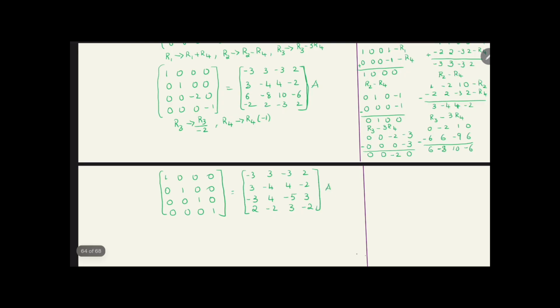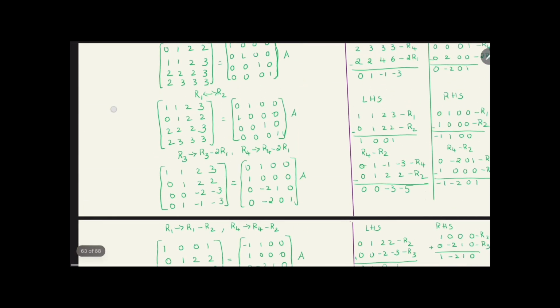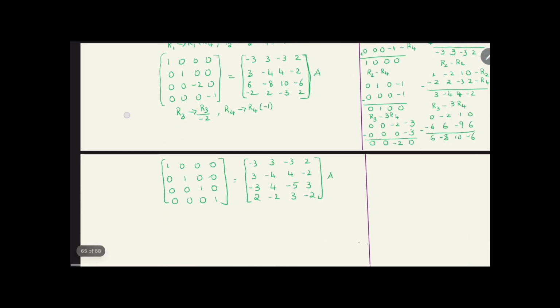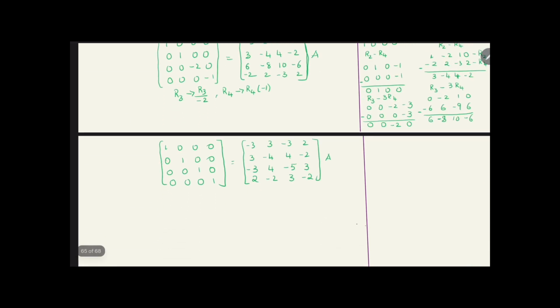So if you observe carefully, this has been reduced to identity matrix. Whatever the given matrix, okay, this has been reduced to the identity matrix, and this is B into A. So after reducing, it is in the form of I4, since it is a 4 by 4 matrix, is equal to B into A. Now what is B matrix here?